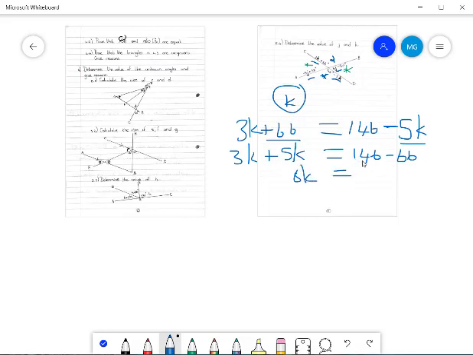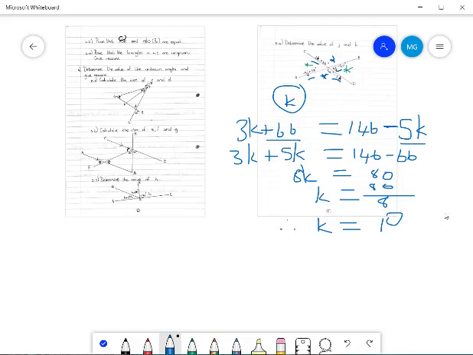And I can say 146 minus 66 is 80. And now to get k alone, I'm going to take the 8 over. Remember on this side it's a multiplication. On the other side it becomes a division. Okay, now my k is alone, therefore k equals 80 divided by 8, which is 10.